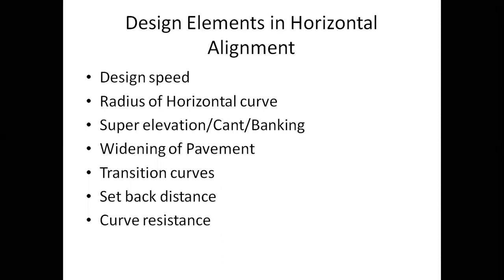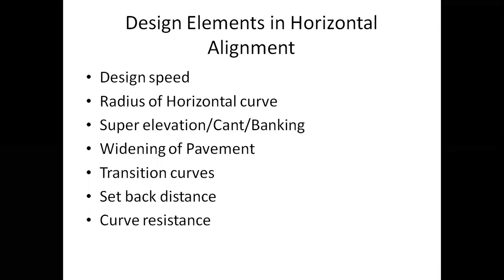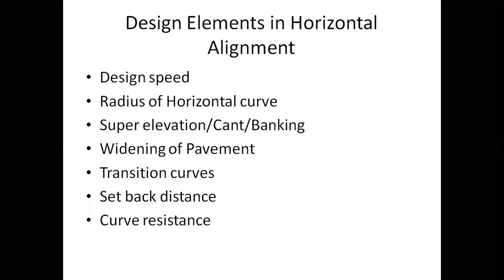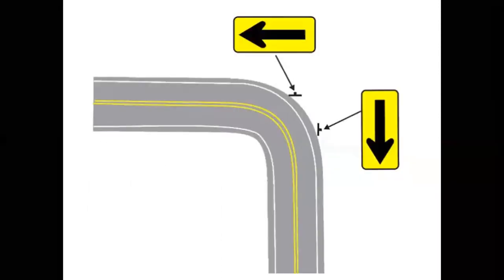Okay, then you have the next topic. Now you understood what a horizontal curve is, right? It's just to give a change in direction when you're traveling. So what happens when a vehicle is traveling along this horizontal curve?